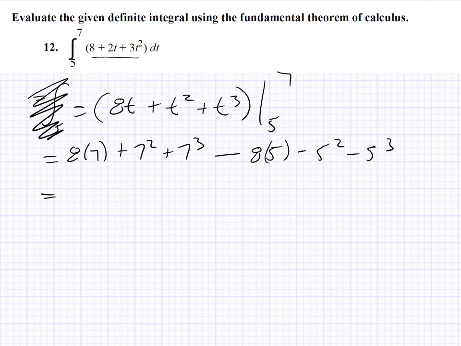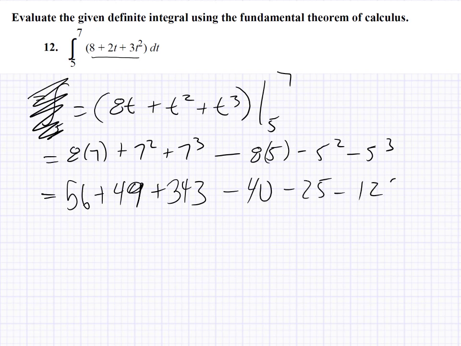Now the hardest part of this whole thing is probably just doing the arithmetic part. So the 8 times 7 will give you the 56, plus 7 squared is 49, plus 7 cubed is 343, minus 8 times 5 is 40, minus 5 squared is 25, minus 5 cubed is 125. So if we do that computation there, what do we end up with?